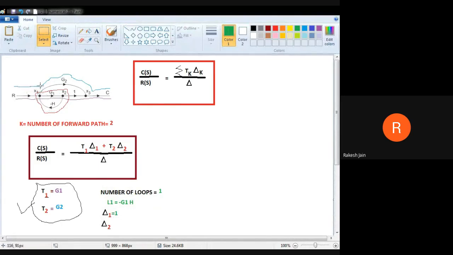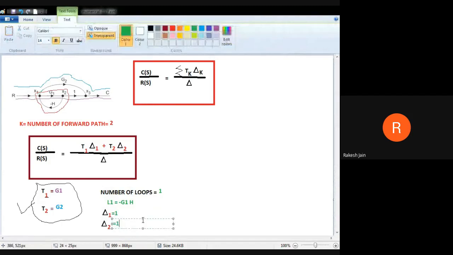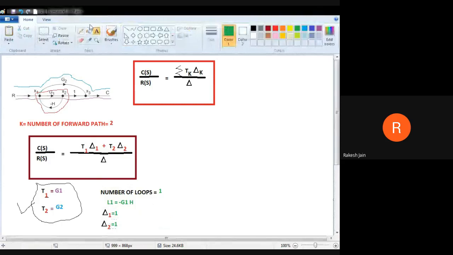See the light blue color line, the forward path is there, the x1 node is there, so it also touches, so del 2 is also 1, okay. I encircle this one also with a black color.